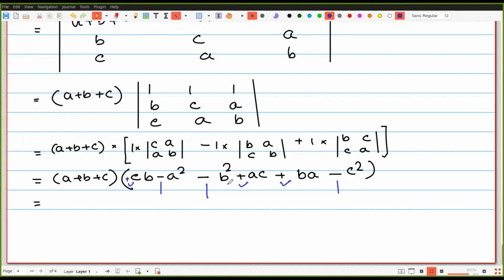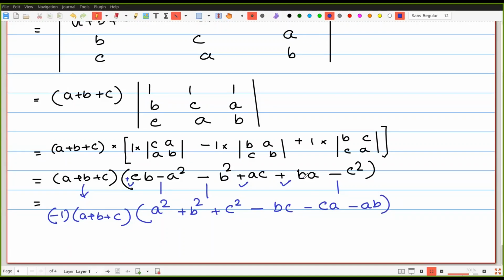So if we take the common as minus 1 from here, with a plus b plus c kept here, then minus a square is now plus a square, minus b square is now plus b square, minus c square is now plus c square, and minus bc minus ca minus ab, because all the others are now minus.